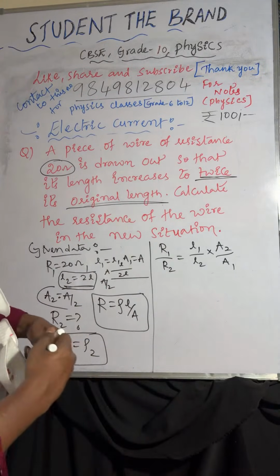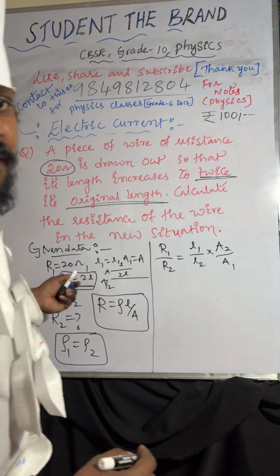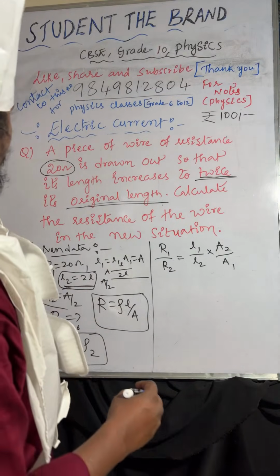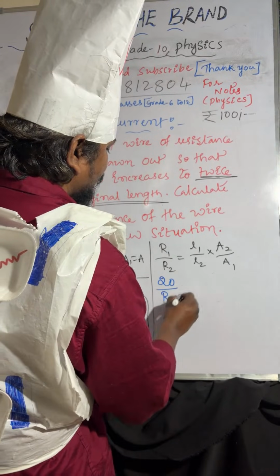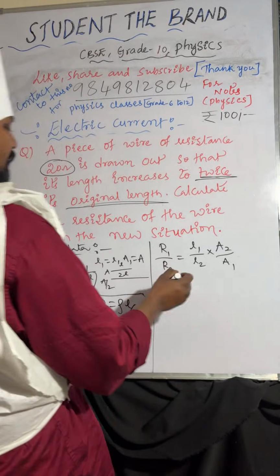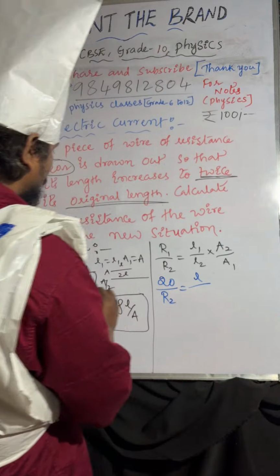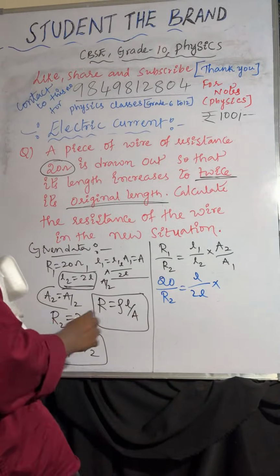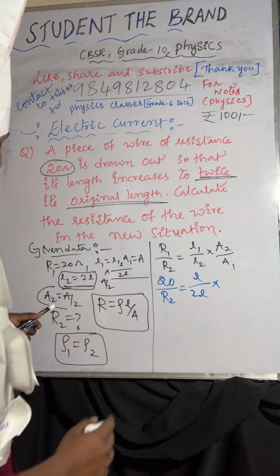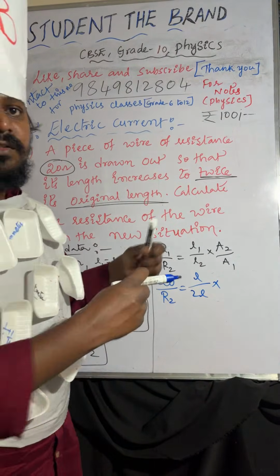R1 is 20 ohm, so 20 by R2 we have to find out. L1 is L only, L2 is 2L, and A2 is A by 2 because the area is decreasing, right?